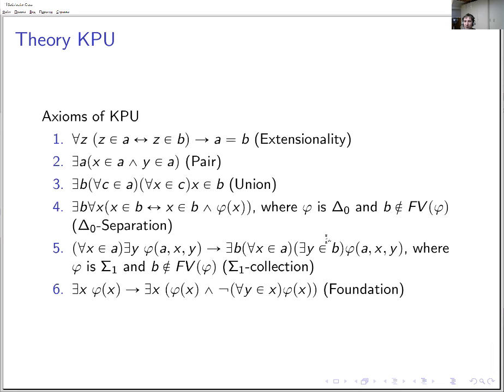Anyway, here for different variables, you have different scope. For our object, for A, B is only sets. But basically, I think it's very intuitive. There is this convention, but in practice, in most cases it's very clear what we want to quantify.